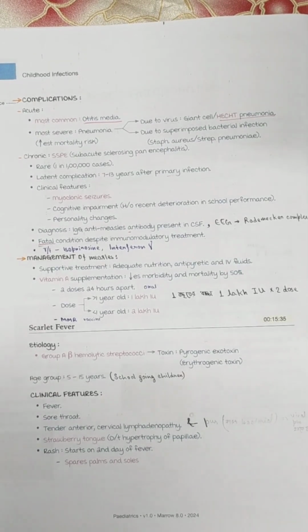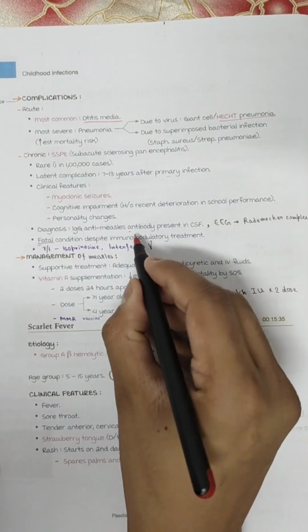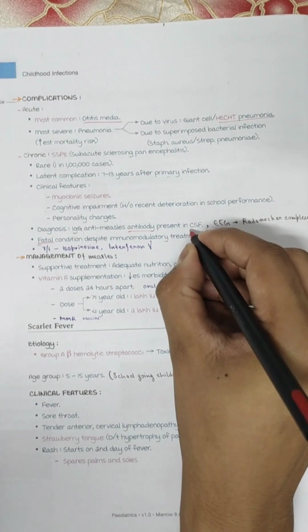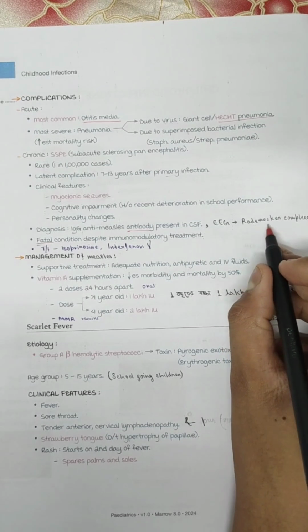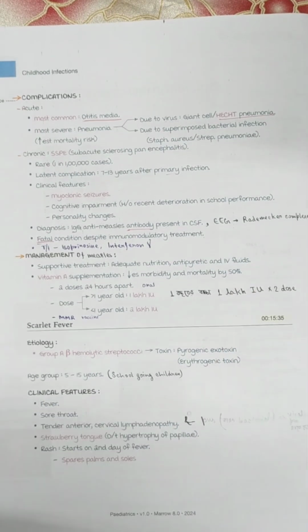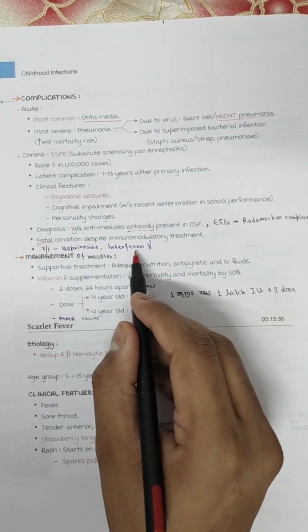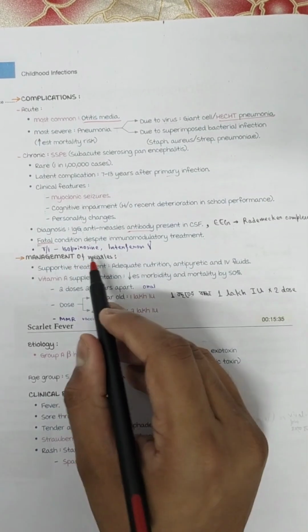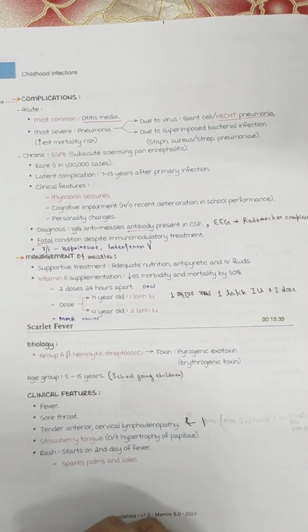Okay, the diagnosis is done by IgG anti-measles antibody present in the CSF, or EEG, where Radermecker complexes are seen. The treatment is mostly supportive using gamma interferons and isoprenosine. That's it for measles.